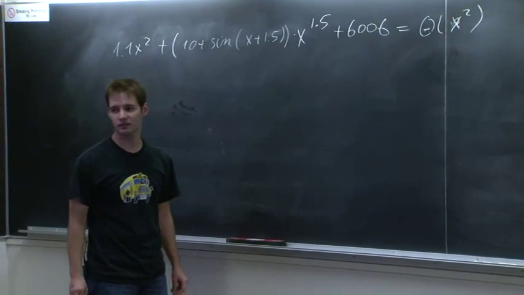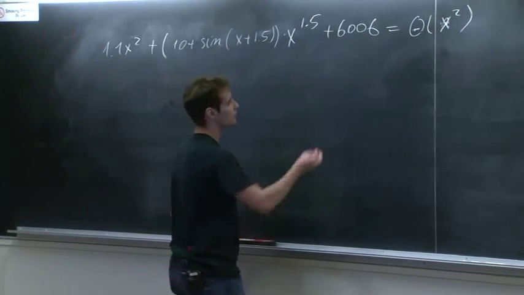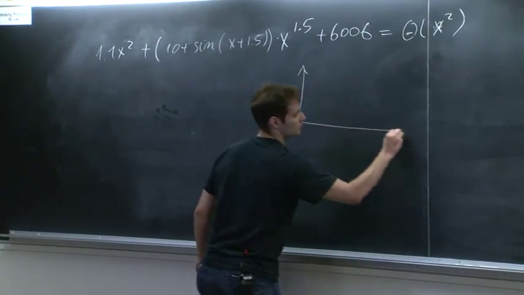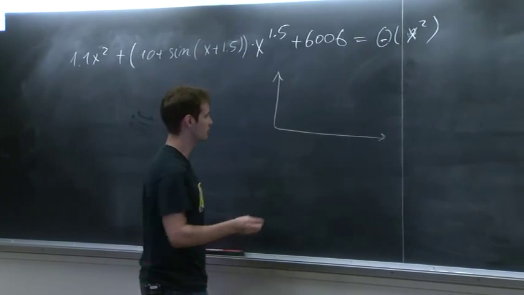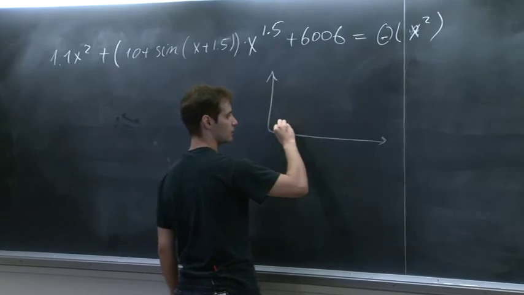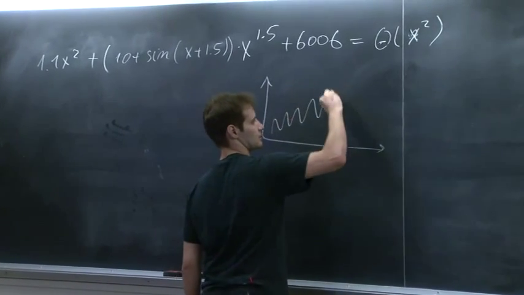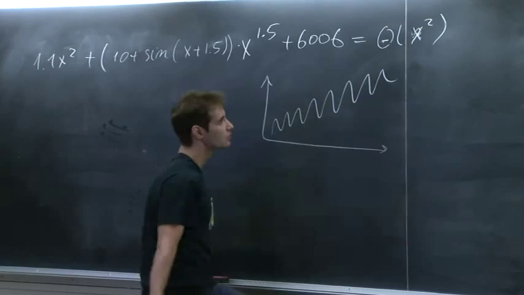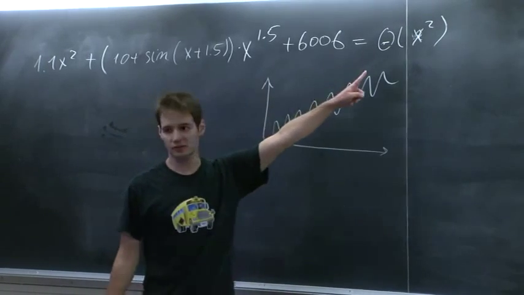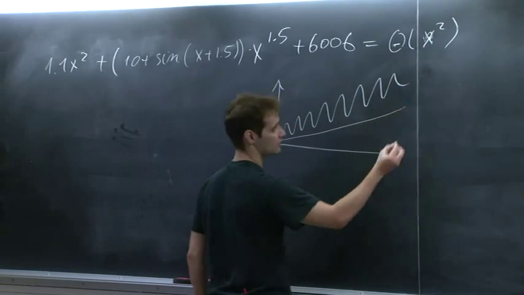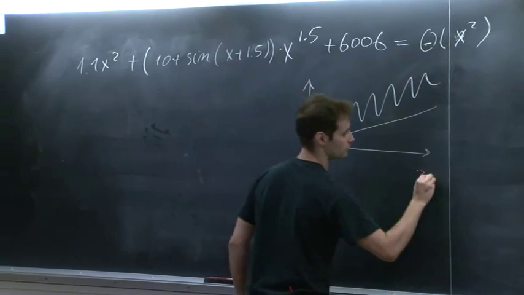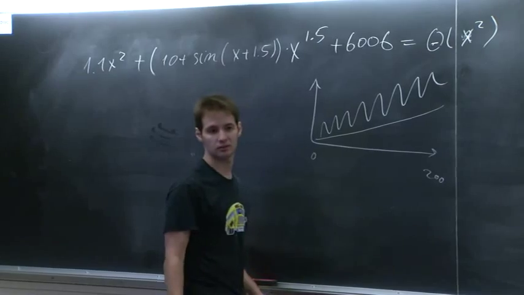Why is that the case, first of all? If I plot this function, and since I don't have my projector, you'll have to take my word for it, I will get something that looks like this. This is a scale from 0 to 200.